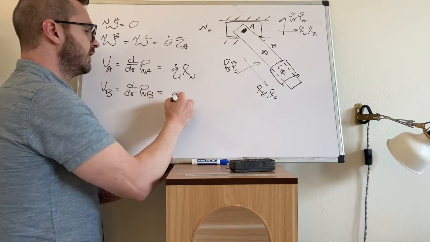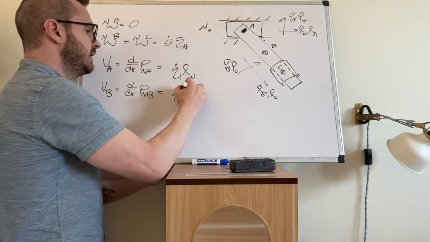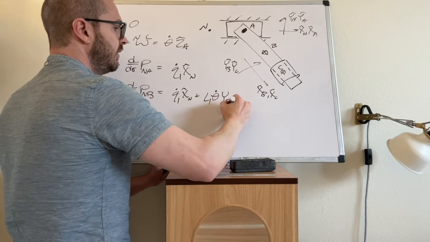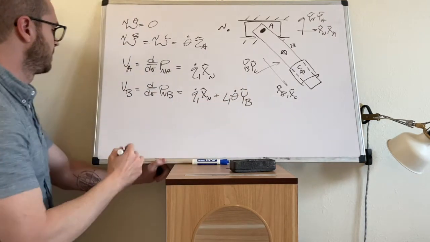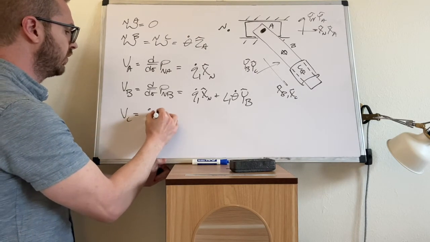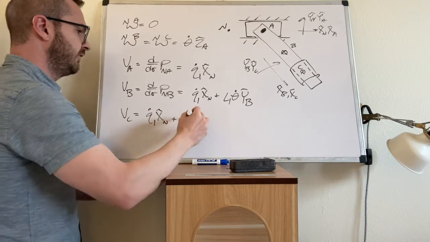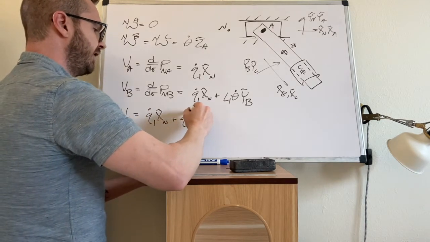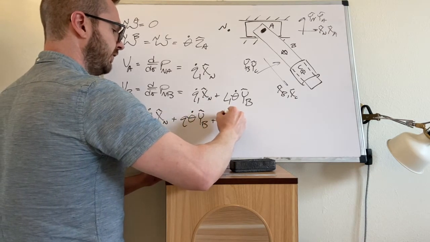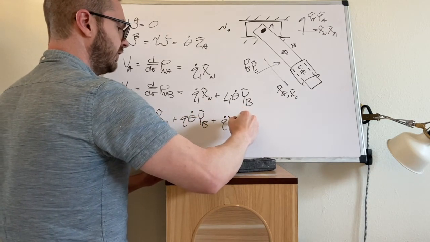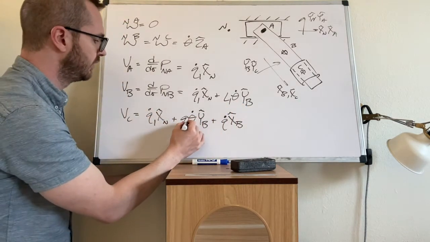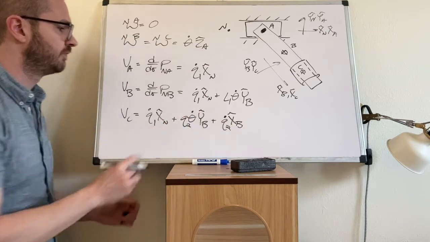So this is Q1 dot x hat N plus L1 theta dot YB, and then VC is Q1 dot XN plus Q theta dot YB plus Q2 dot XB.